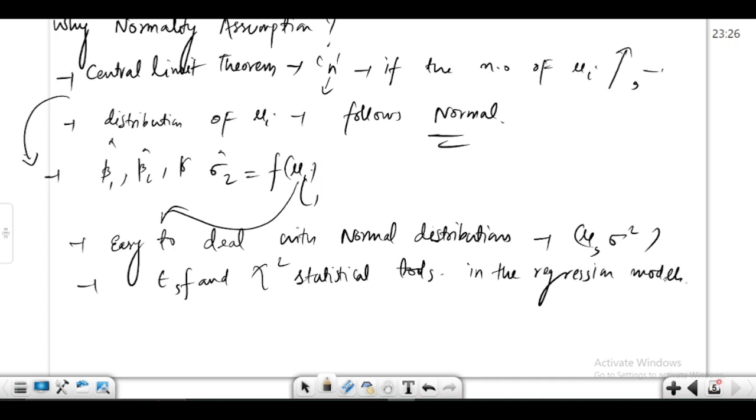Because in a way these are close relatives of the normal distribution, and through these distributions we can reach the normal distribution also. So this was about the reason why we have chosen the normality condition in the classical linear regression model.